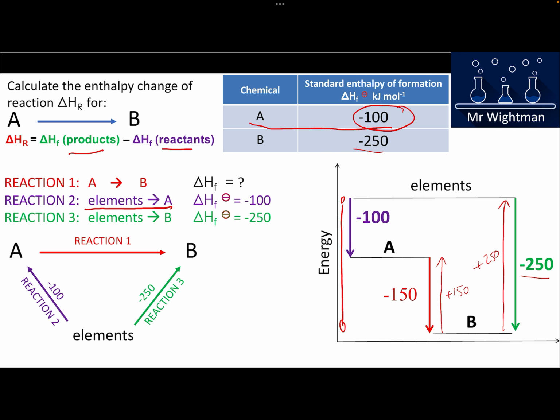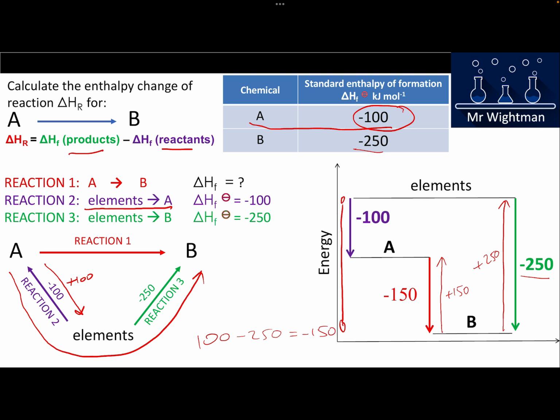You might have some teachers also say, if you go this way round the diagram, because we're going against the arrow, then we turn that into plus 100. We're going with the arrow, so we take minus 250, and so 100 minus 250 will also give us minus 150.